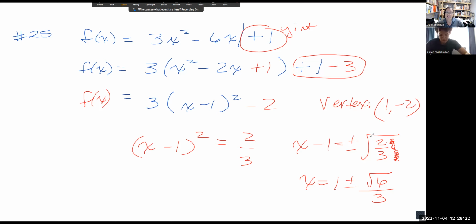The point I was going to make is actually we'll use this to kind of estimate it, right? So this won't even be a 1. So it's really 1 plus a little less than 1, or 1 minus, actually more like a half, right? The square root of 2/3, I don't know what that is. It's going to be less than 1, right? Or is it more than 1?